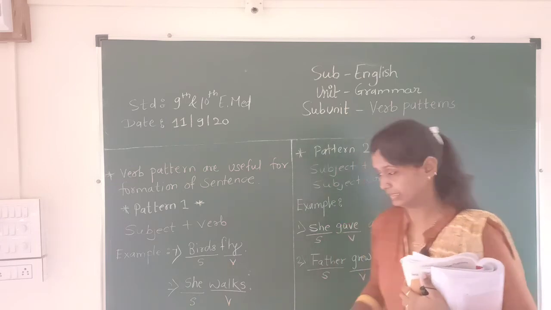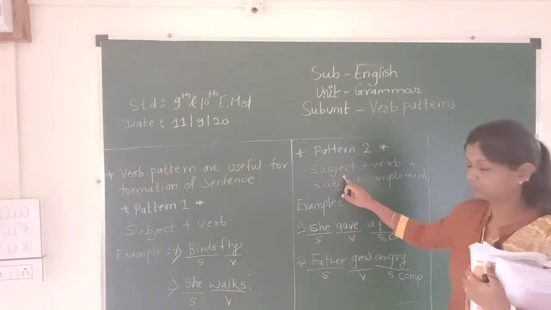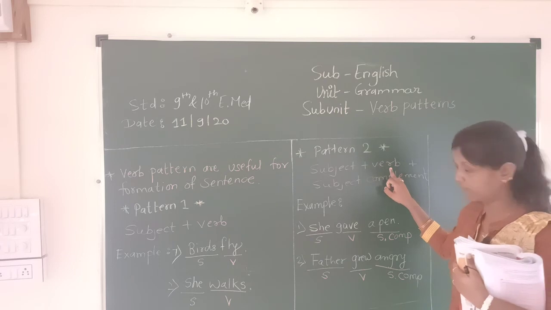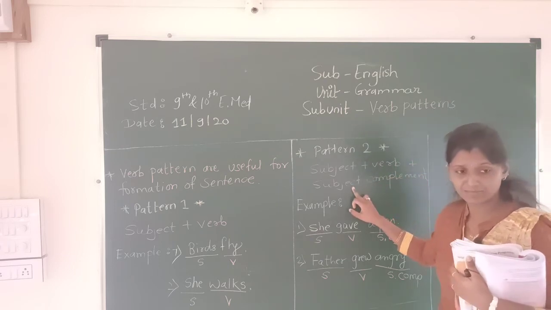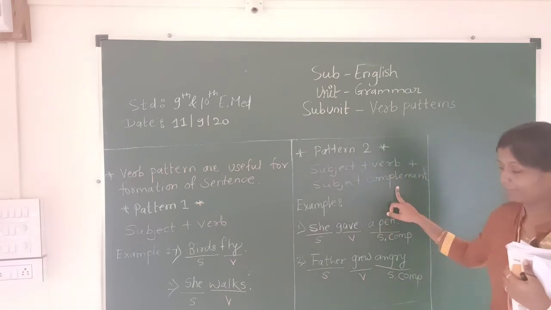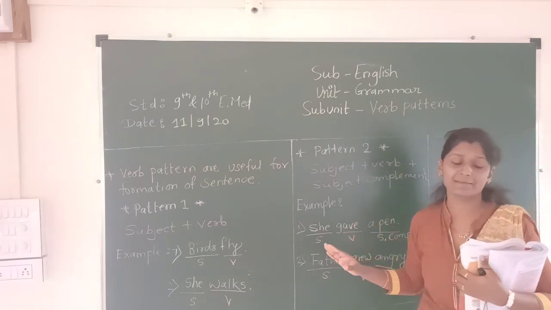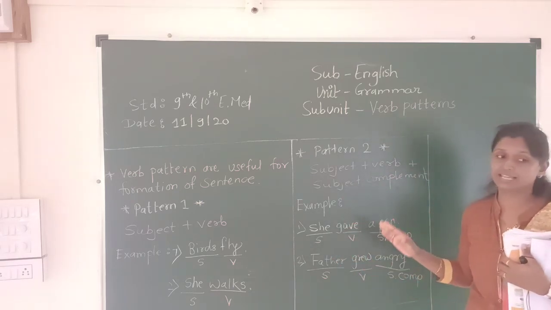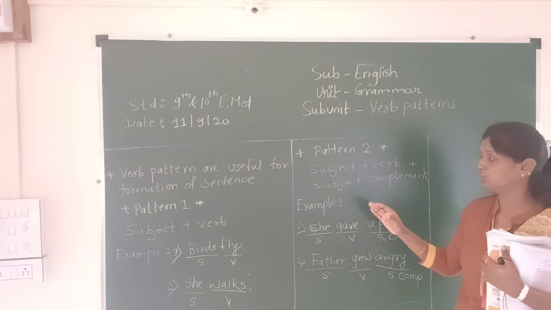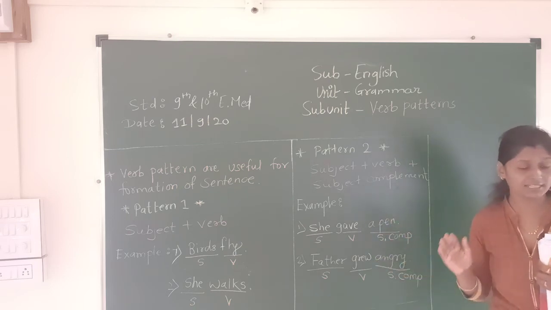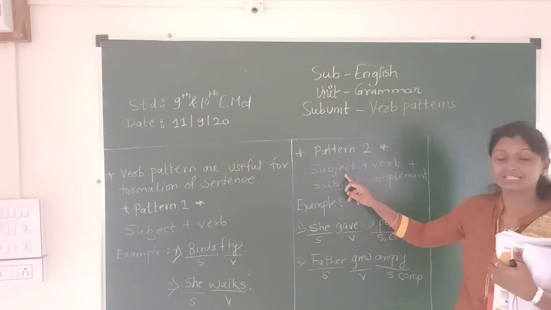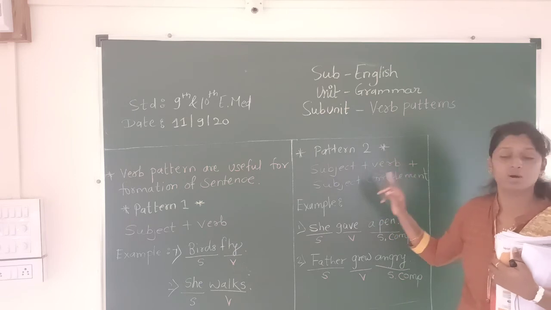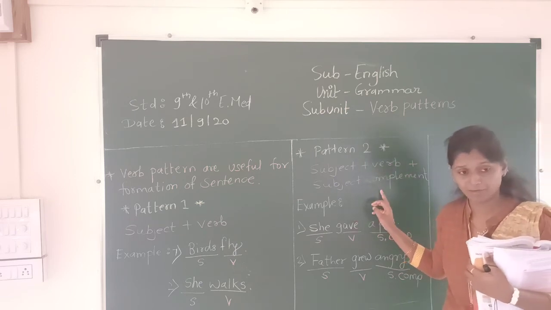Then the second pattern is subject plus verb plus subject complement. In this second type of verb pattern, we can make a meaningful sentence with the help of subject, verb plus subject complement.